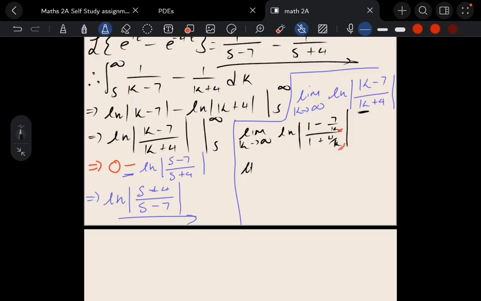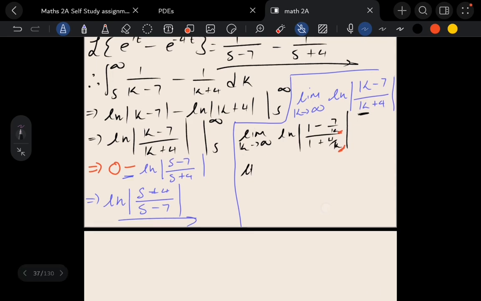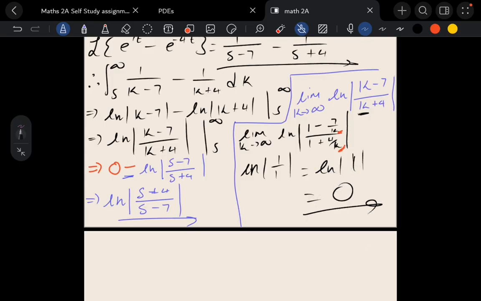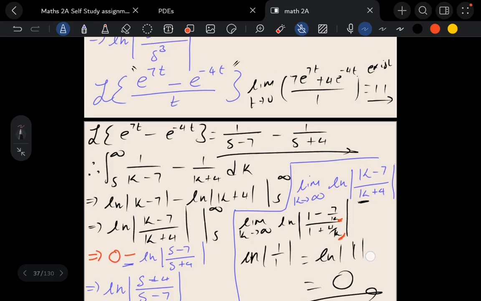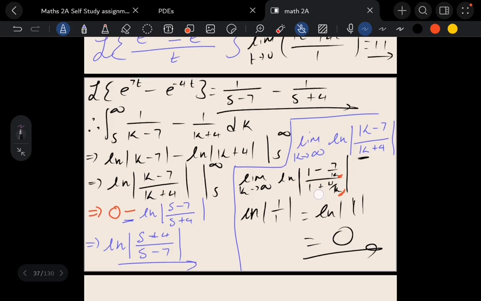So you are going to be left with ln of 1 over 1, which is the same thing as ln 1. What is ln 1? 0. So whenever you have this ln and there is an infinity substitution in it, just know that the answer is always going to be 0. I think that I've made myself clear on that.